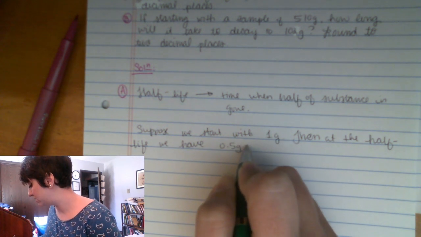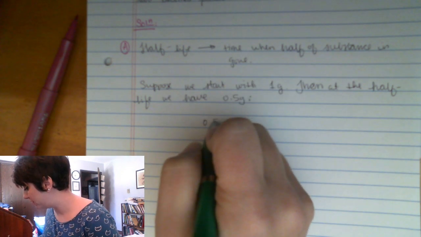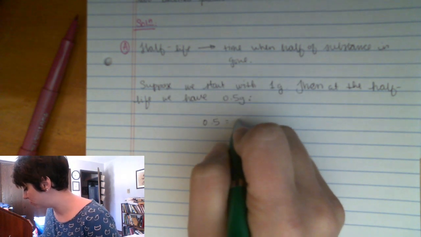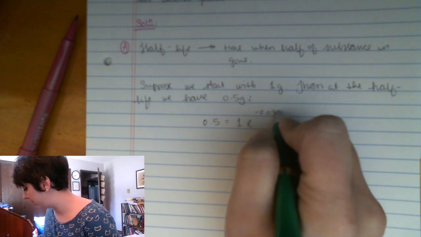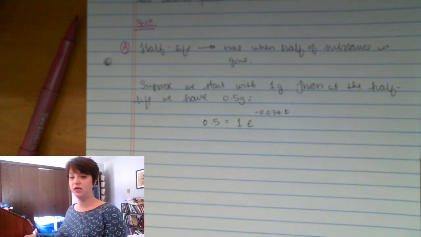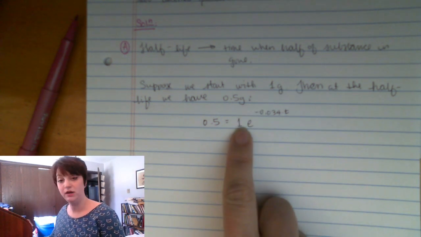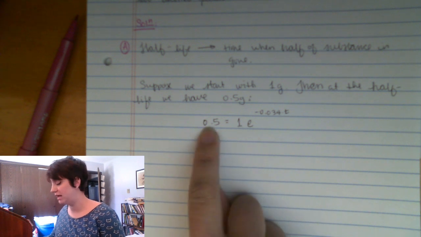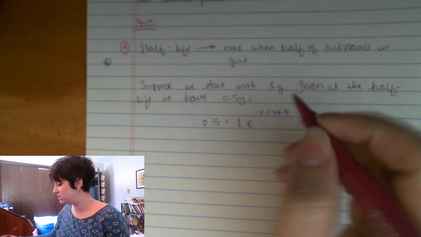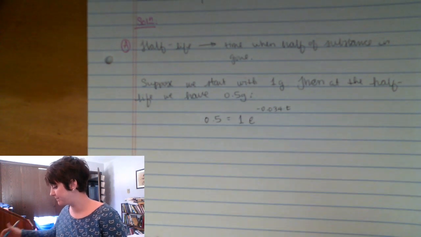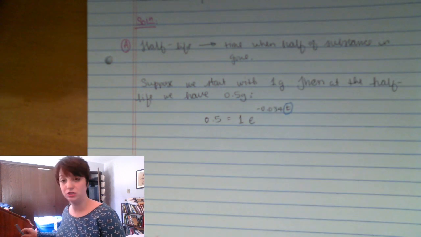And what that allows us to do is set up an equation where I have 0.5 is 1 e to the negative 0.034 t. Because at some time t, whatever the half-life is, my starting amount of 1 is now 0.5. So we're going to be solving for t.